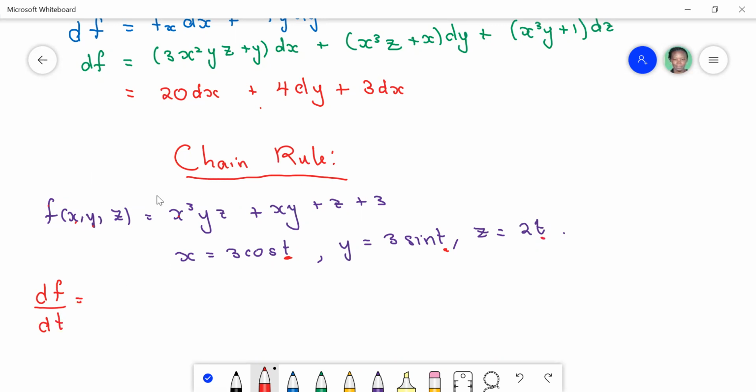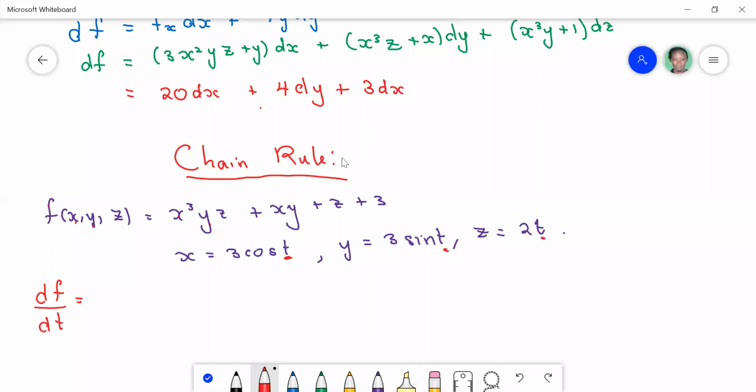The initial function is already in this form. Are we going to substitute, find the cube of this and multiply by that to solve? You can go that way, but it can be a little complicated.